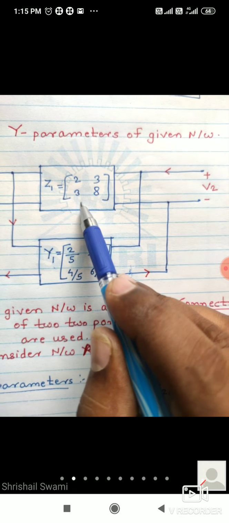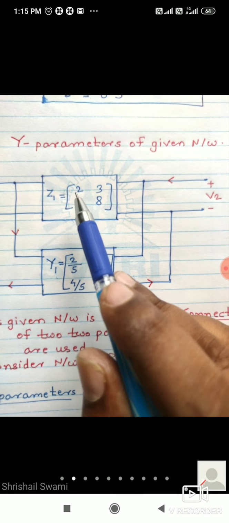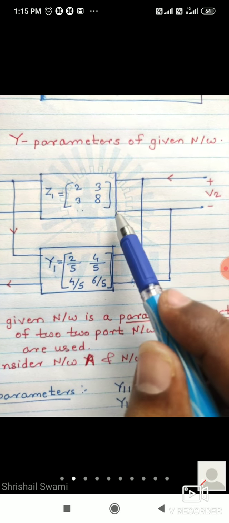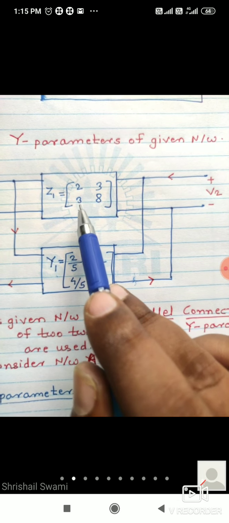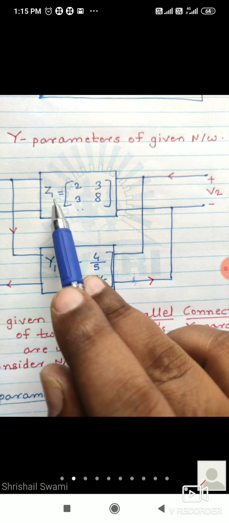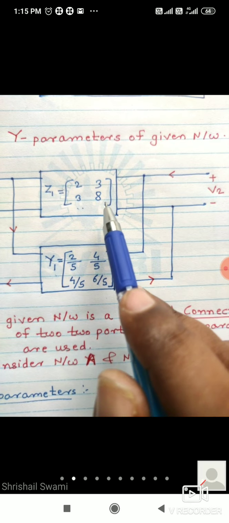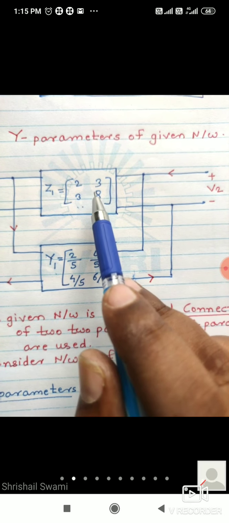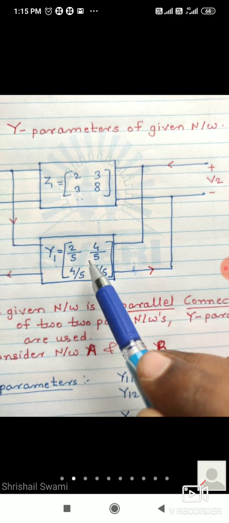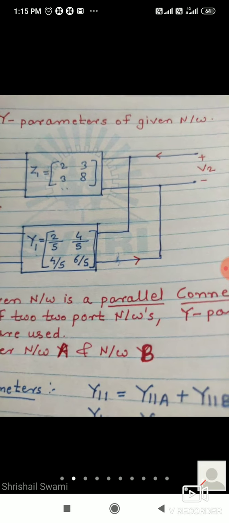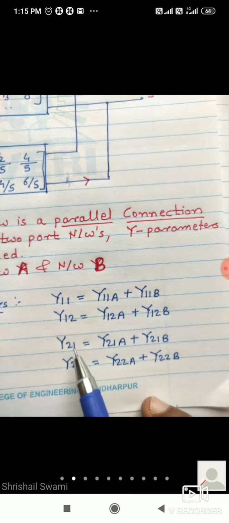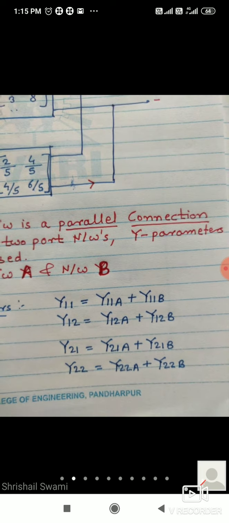So Z parameters are given, you can easily convert the Z parameters into Y parameters. पहिलं तुम्हाला काय करायचं आता? नेटवर्क A चा Z पॅरामीटर दिलेला आहे, त्याचं तुम्हाला Y पॅरामीटर मध्ये कन्वर्ट करावं लागेल. मग त्याचे Y पॅरामीटर्स आणि ह्याचे Y पॅरामीटर्स, मग दोघांचं ऍडिशन करायचं. Okay, so make the addition and then you will get the final Y parameters of the parallel combination.